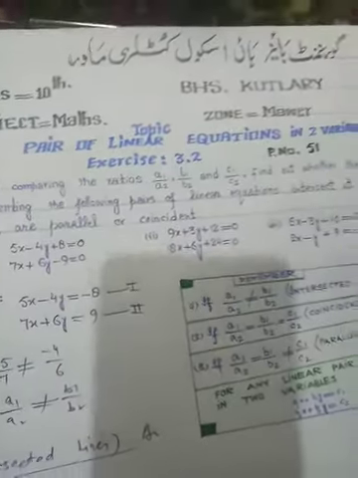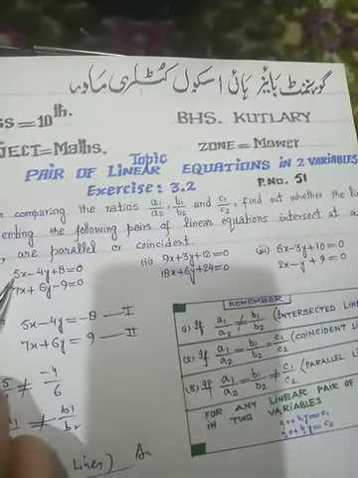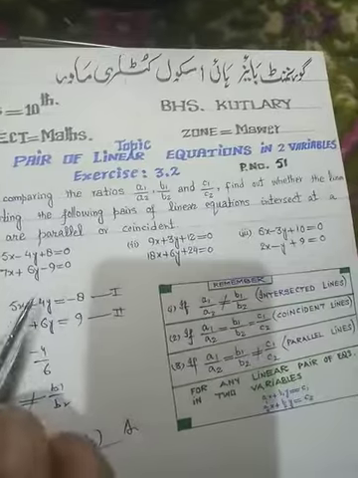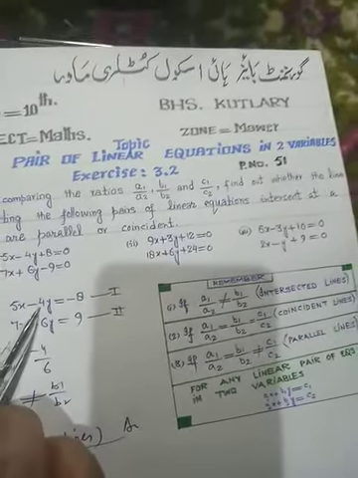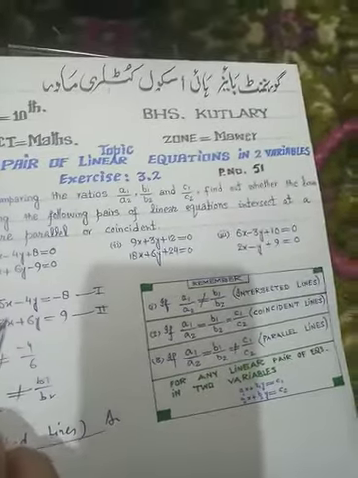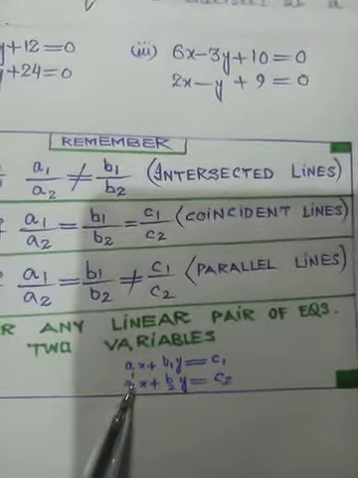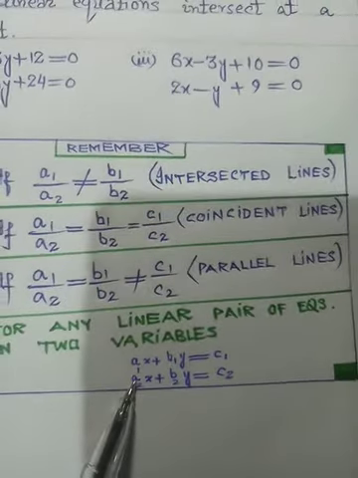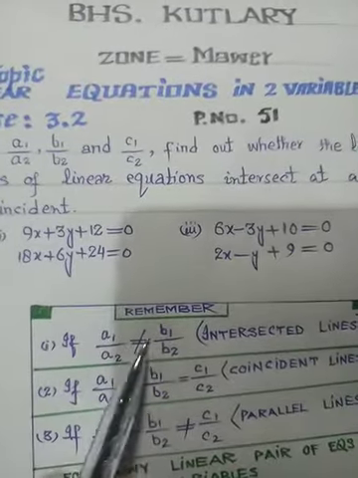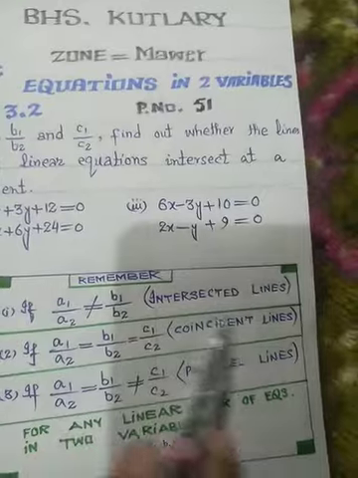So dear students, here the value of a1 is 5 and a2 is 7, b1 is minus 4 and b2 is 6. When we compare these two linear equations algebraically, we see that a1 by a2 is not equal to b1 by b2, so the lines are intersecting lines.